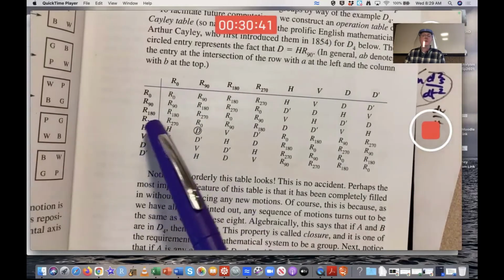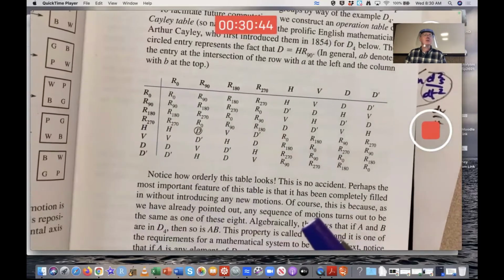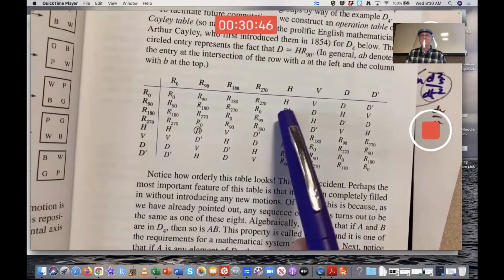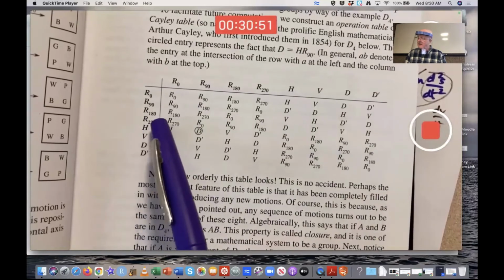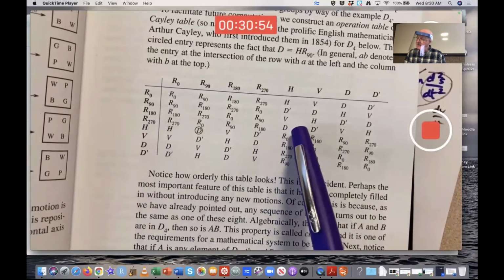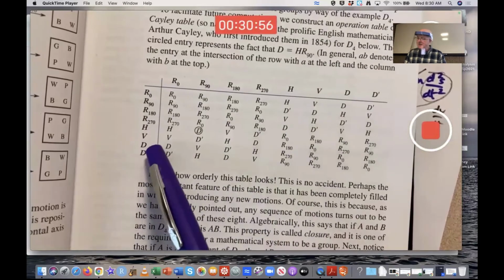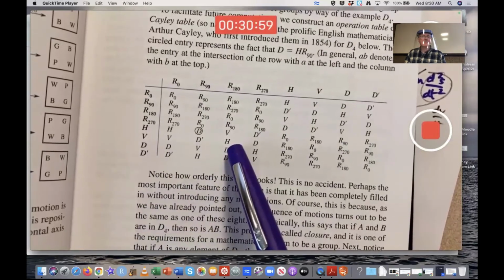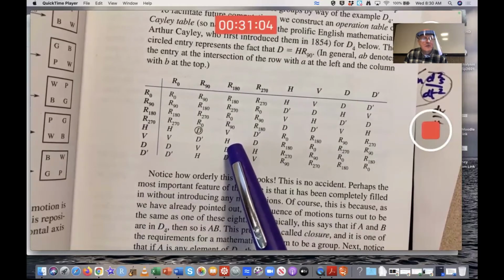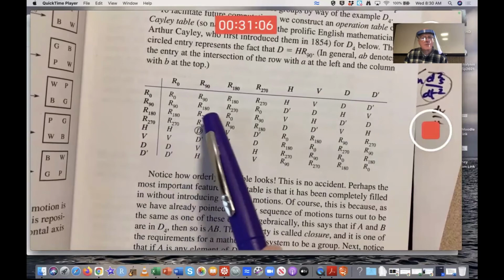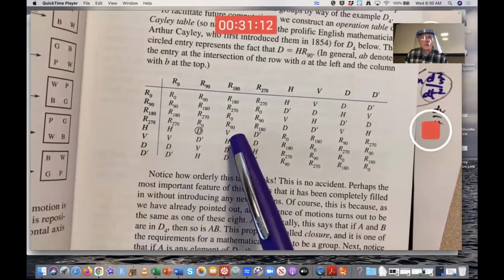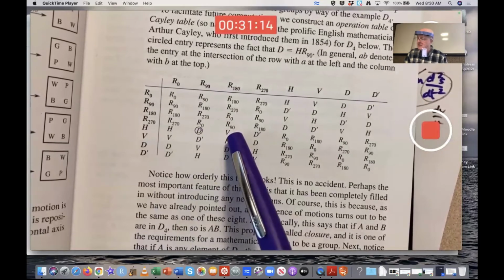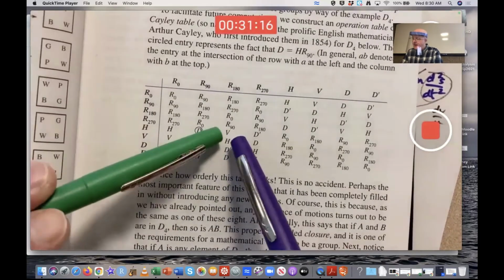Certainly R180 commutes with all the other rotations. So the question is, does it commute with all the reflections, the flips? R180 composed with H is V. V composed with R180 is H. Wait a minute, looking at R180 composed with H is V, I meant to look at H composed with R180 is also V. That matches.